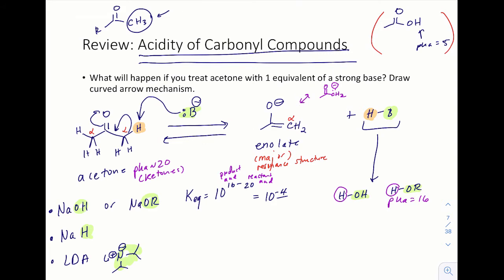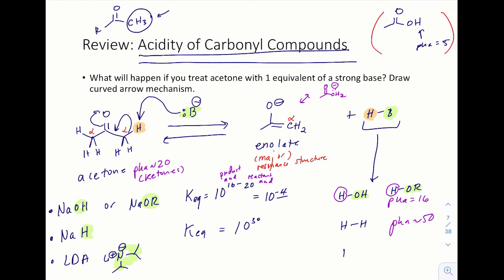For sodium hydride, the conjugate acid of hydride is simply hydrogen gas, which we'll just say has a pKa of about 50. It's pretty hard to measure, as one might imagine, which would make the equilibrium constant for the proton transfer involving acetone and hydride as a base on the order of about 10 to the 30, so really favoring the products.